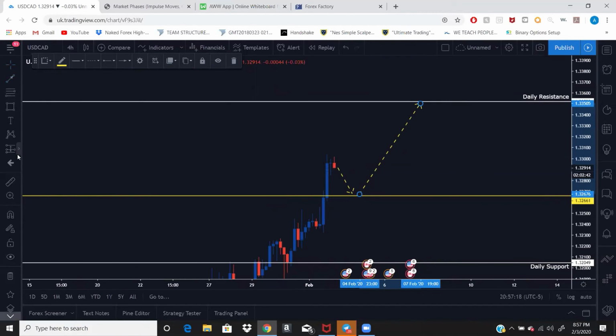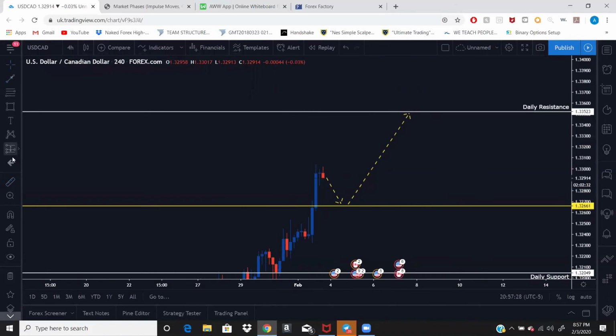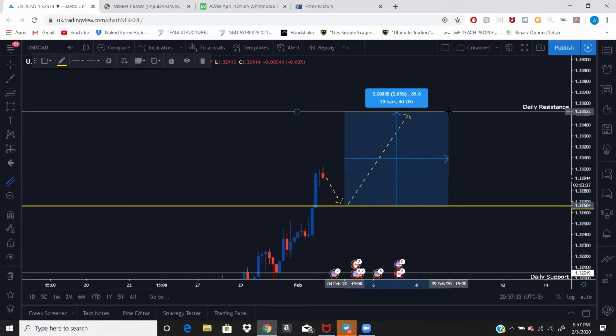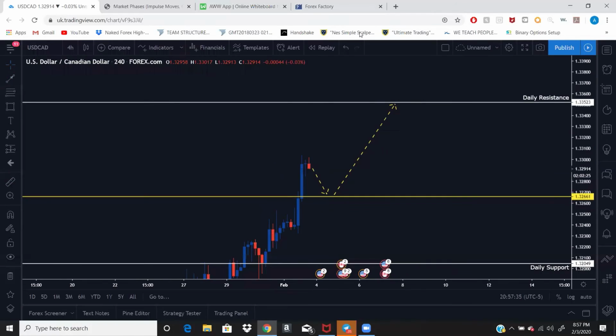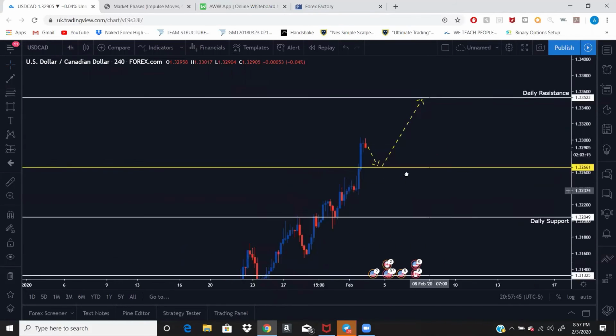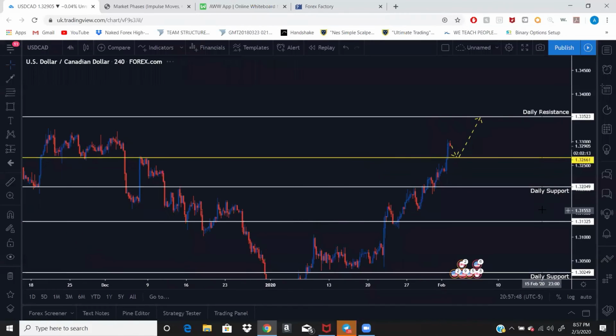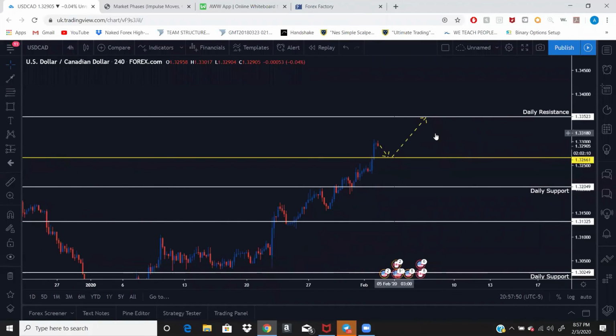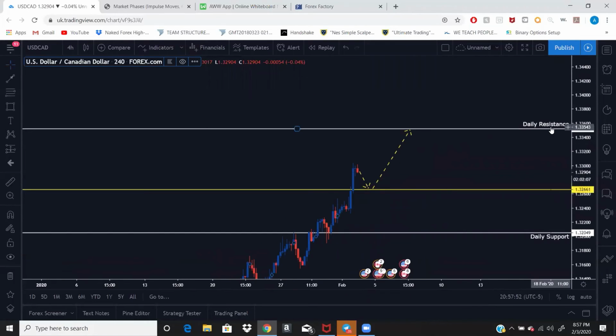So I wouldn't be surprised if there's a pullback of about 25 pips more, and then this buy from here for about 85 pips to go back to this resistance. That's what I honestly see on USD CAD, because it's looking pretty bullish. So I believe it will conclude this move up.